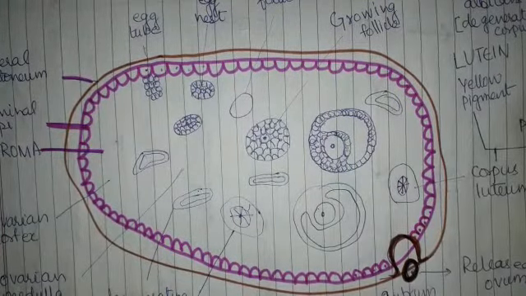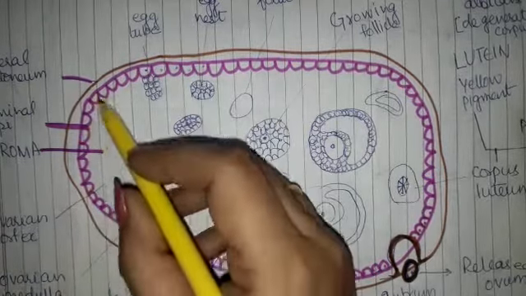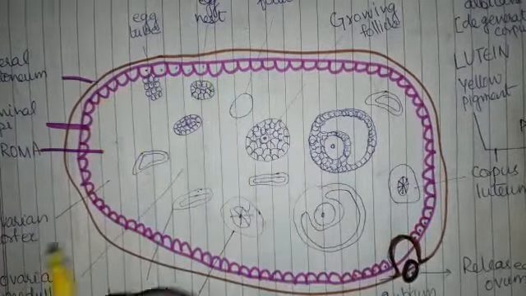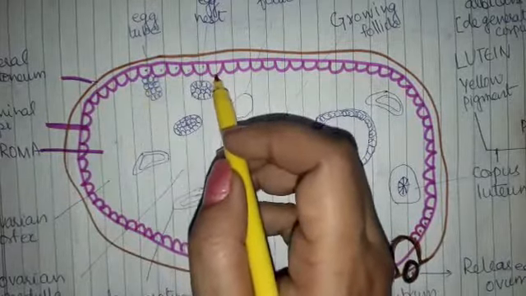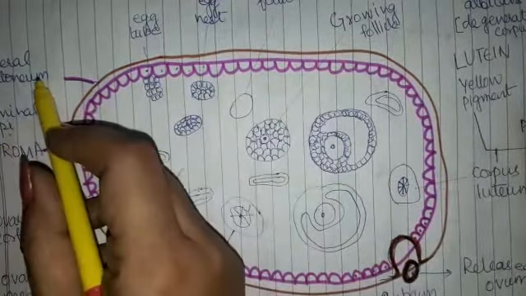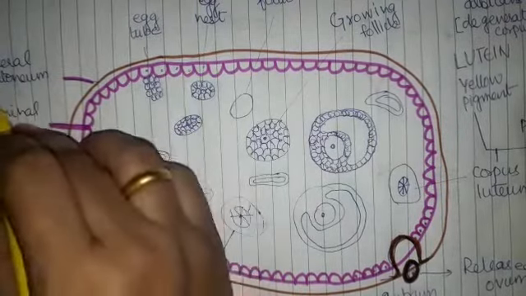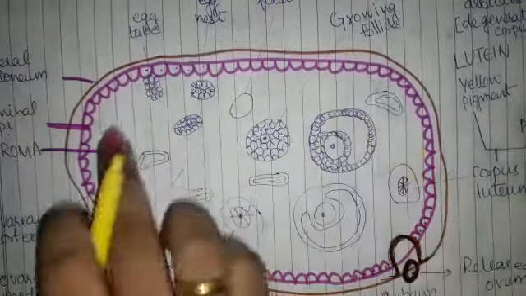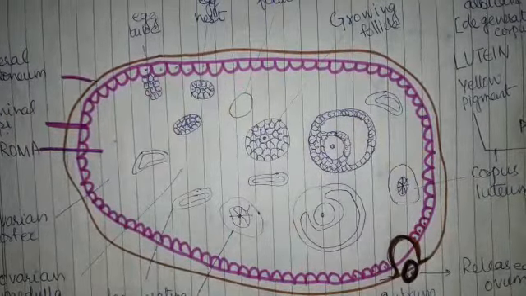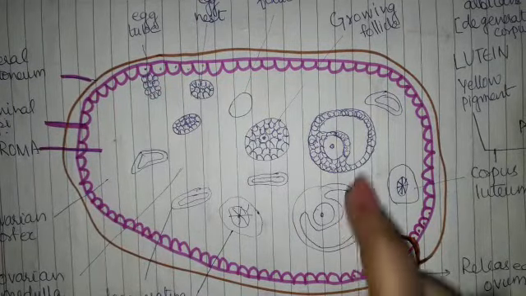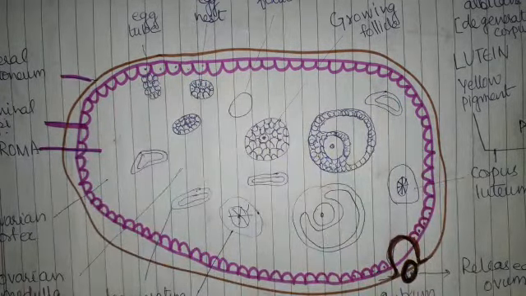So ovary is surrounded by two layers: a layer of cuboidal epithelial cells, germinal epithelium, and a layer of flat cells, which is the visceral peritoneum, and the space enclosed by these layers is called stroma.